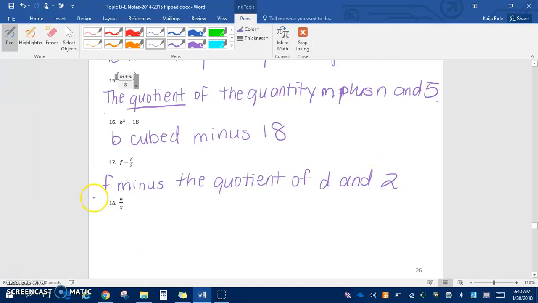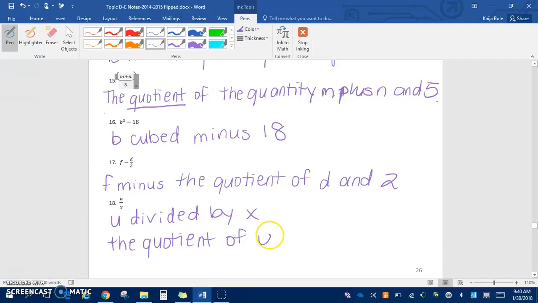And then for our last one, we have u over x, so we could say u divided by x. Or we could say the quotient of u and x.